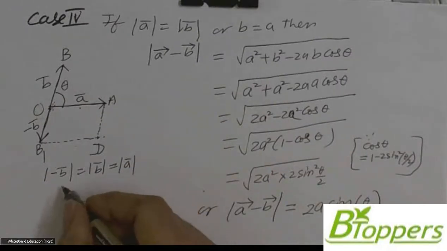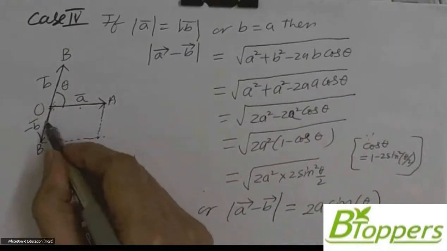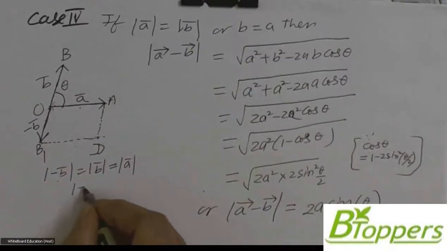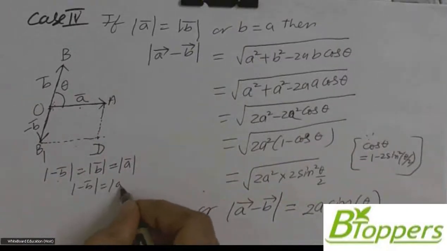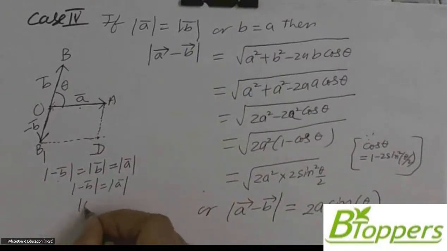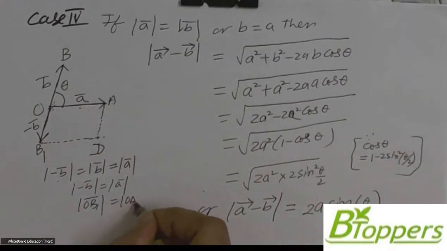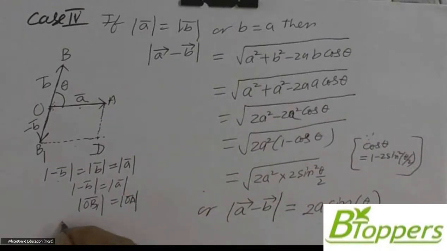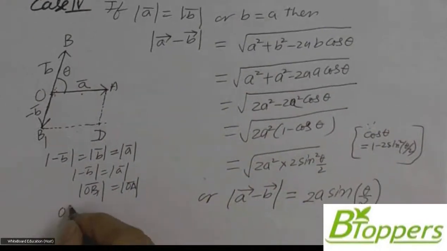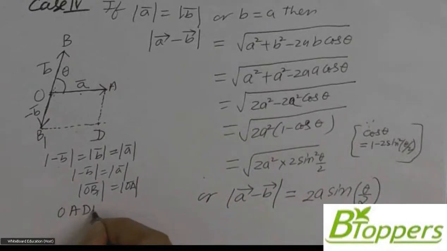It means the two vectors, vector minus B bar and vector A bar, have the same magnitude. That is, the modulus of OB1 bar is the same as the modulus of OA bar. Therefore, the parallelogram OADB1 in this case is a rhombus.